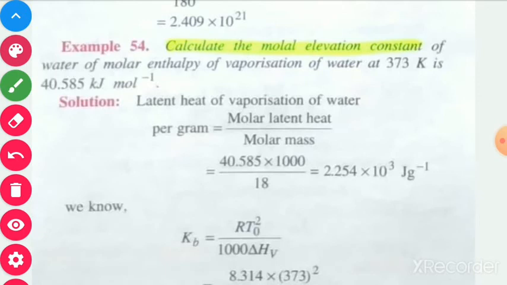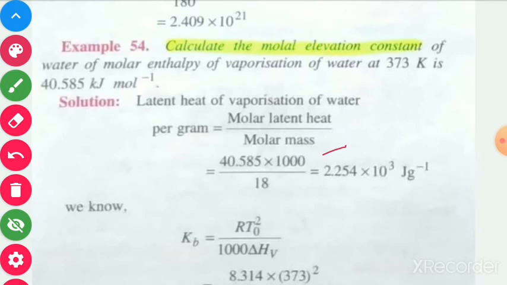At the place of molar latent heat we write 40.585 into 1000, because the enthalpy of vaporization of water is 40.585 kilojoule per mole, so we convert kilo into joule by multiplying by 1000, upon molar mass.